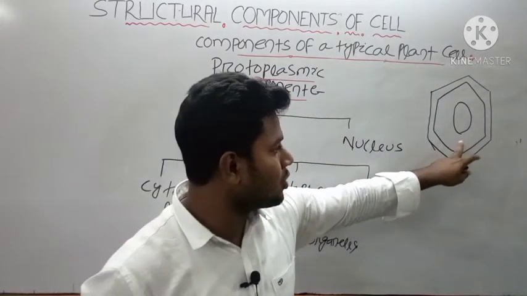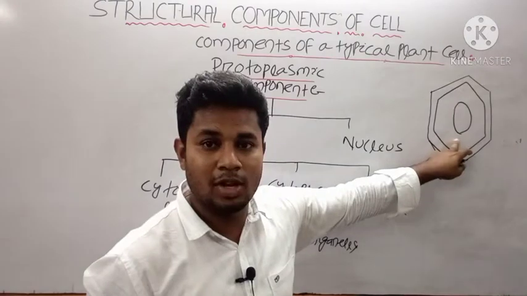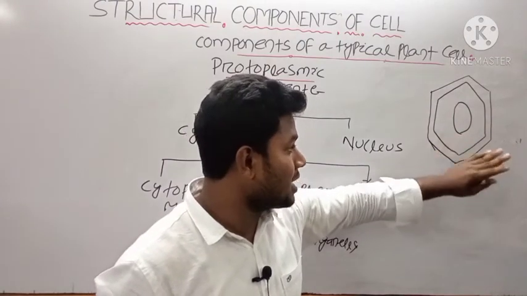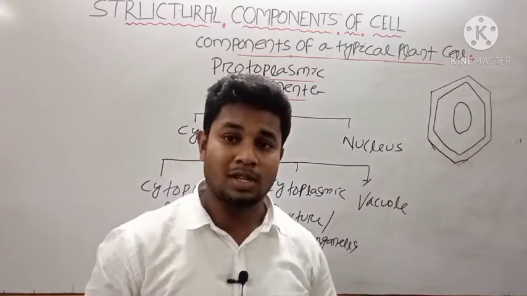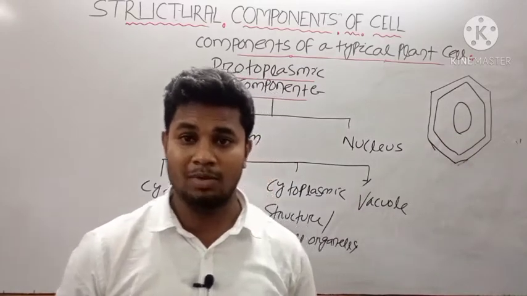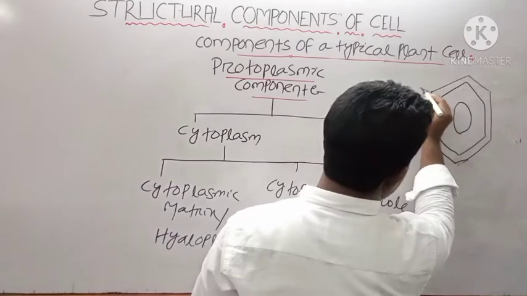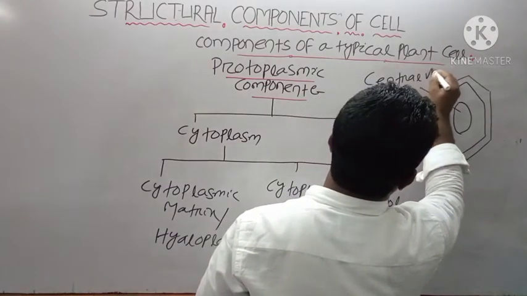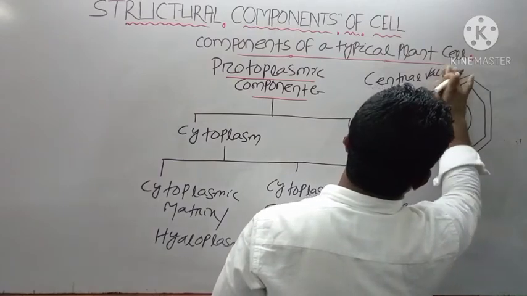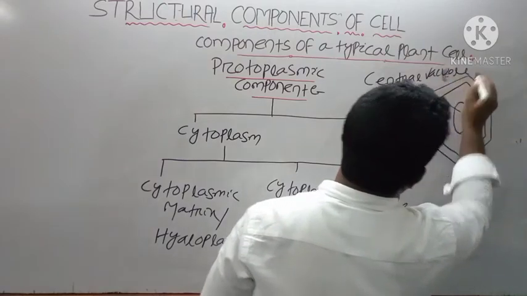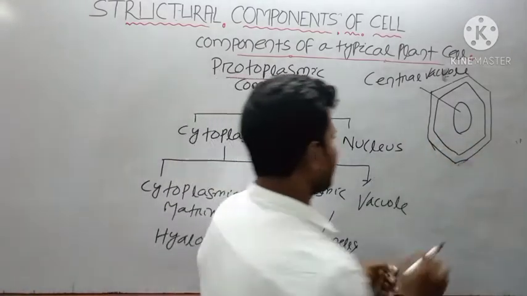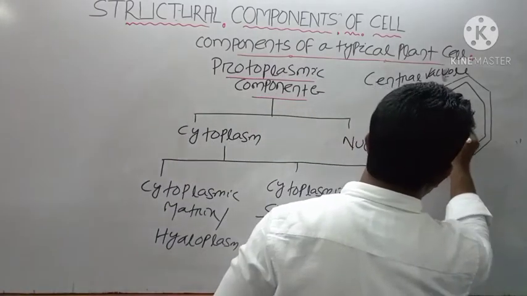In the previous class, when studying the plant cell, we discussed that a central vacuole is present in the plant cell but absent in the animal cell, where small vacuoles are present. Here there is a central vacuole.